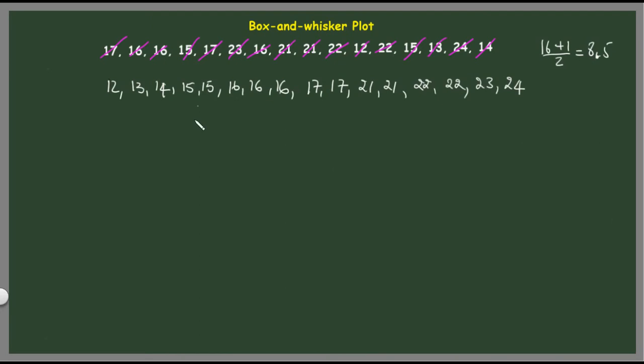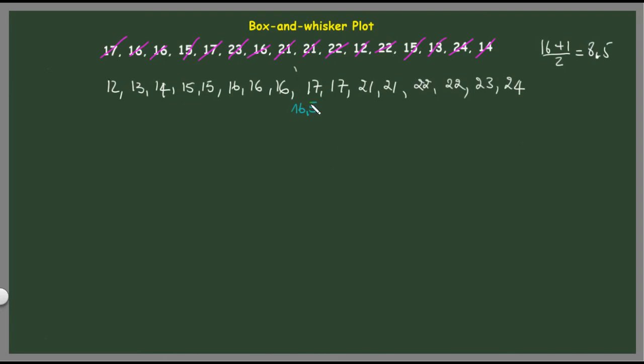We got 1, 2, 3, 4, 5, 6, 7, 8.5. Then from the other side 1, 2, 3, 4, 5, 6, 7, 8.5. Well, our median is therefore 16.5.